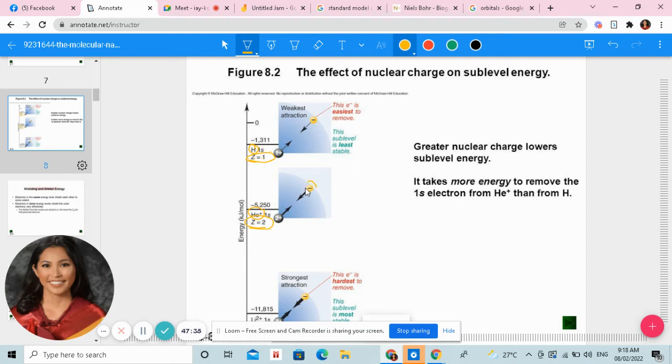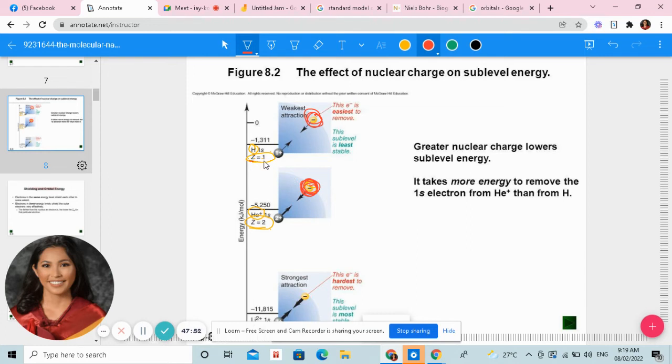Because we have this electron, if we want to remove it, which is easier to remove, this one or that one?